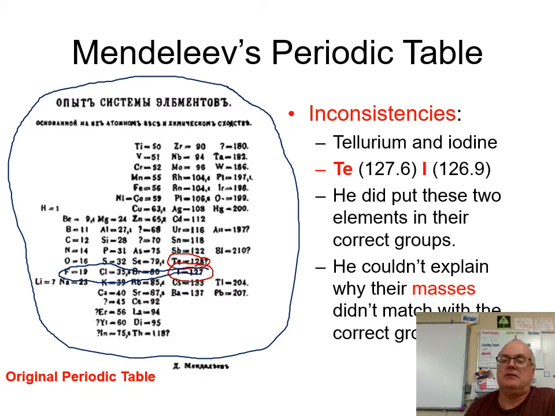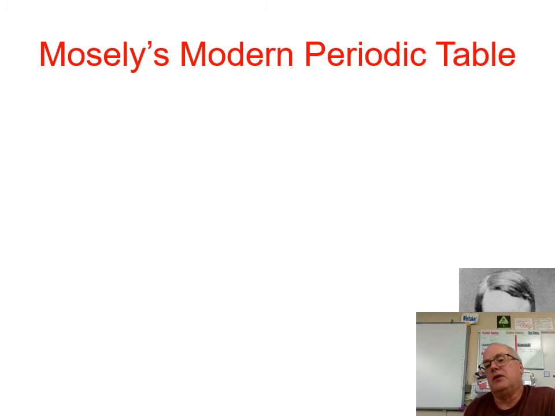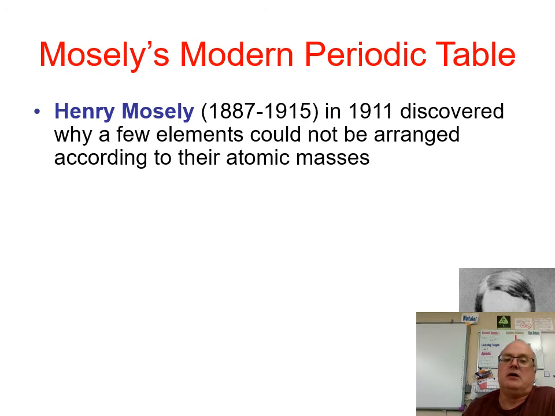And then Mendeleev is generally credited. If you had to answer like a Jeopardy question, Mendeleev would be the one who would be credited with first discovering, creating the periodic table. But in reality, our current modern day version of the periodic table was developed by an Englishman called Henry Moseley.